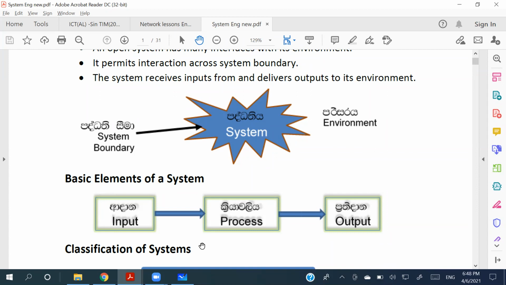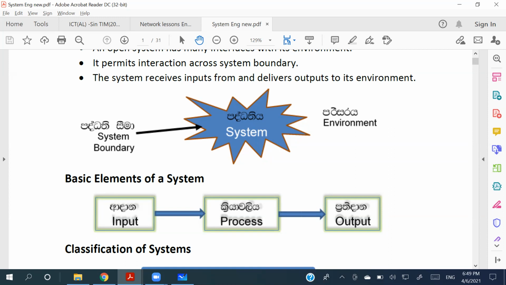The environment of the system. Right? So the system may have interaction with the environment or may not. Right? It depends on how the system works. Like if you take the blood circulation system in our body, it does not interact with the environment. Our blood circulation system is not interacting with anything else. It takes blood to the heart, purifies it, circulates it again. Right? So the things are happening within the system.